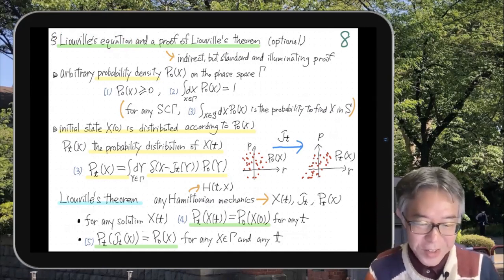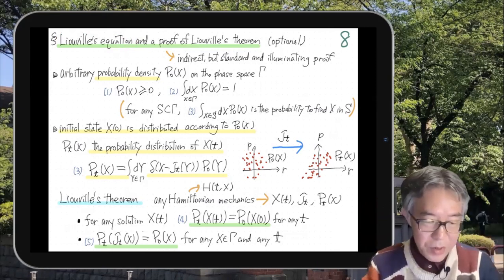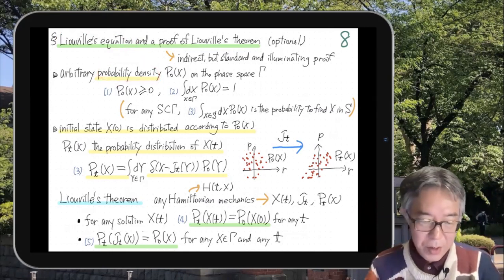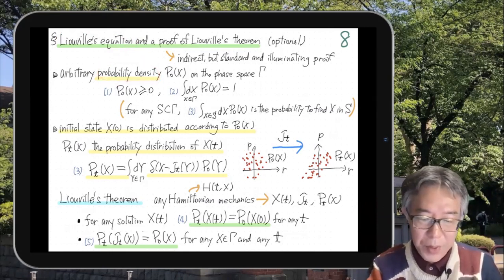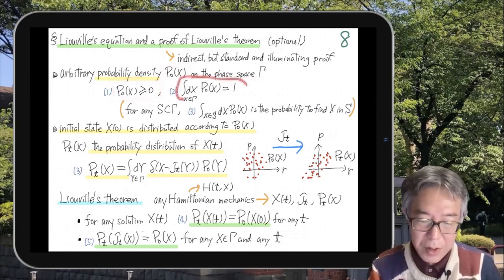So let's continue. Now, for some reason, I want to consider the notion of probability density. Probability density P0(x), I think you know, is a function on phase space, and it's non-negative. And if you integrate, it gives you 1. And its meaning is this.